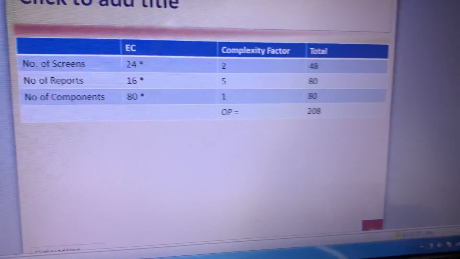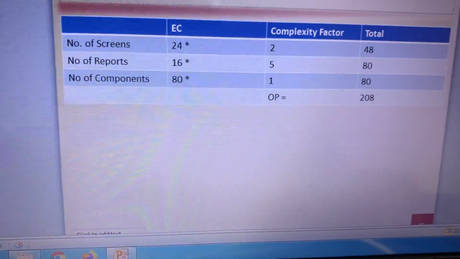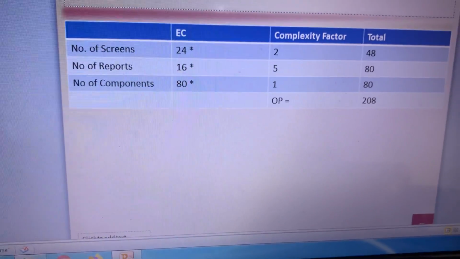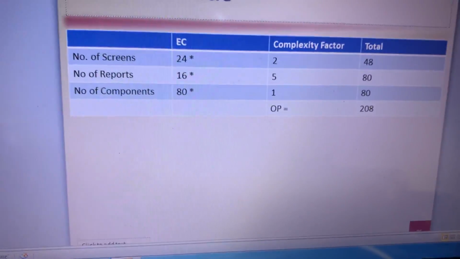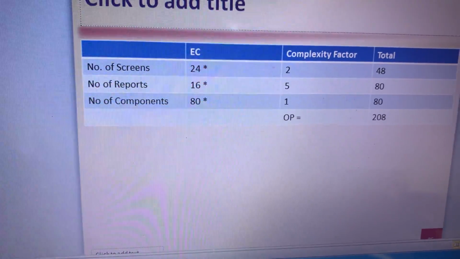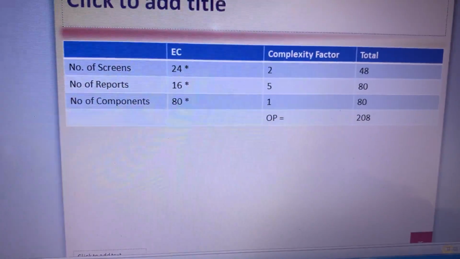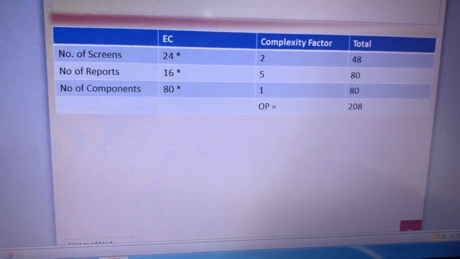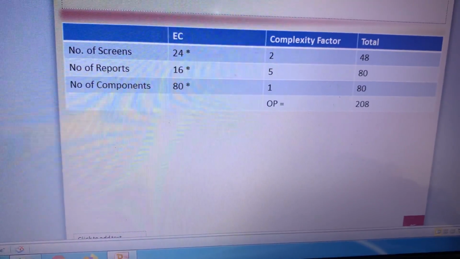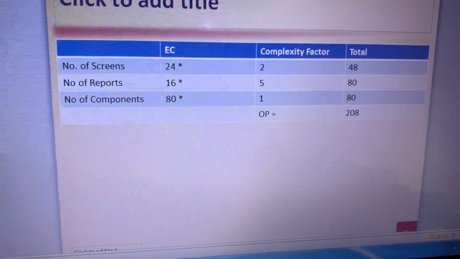The complexity factor, because nominal, for the screens, reports, components: for screens the complexity factor for average project is 2, for reports 5, for components 1. So we have OP value, after multiplying the EC with the complexity factor, the summation of the 3 values is 208.